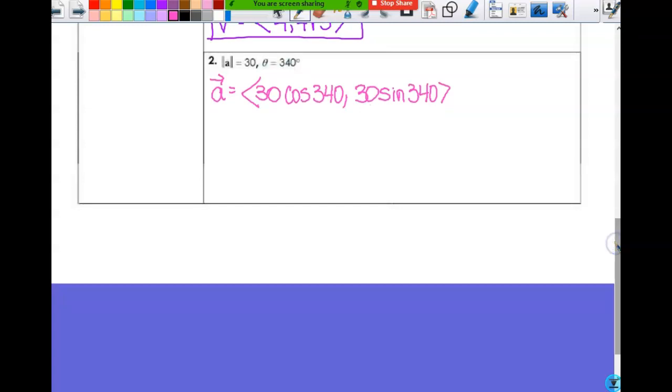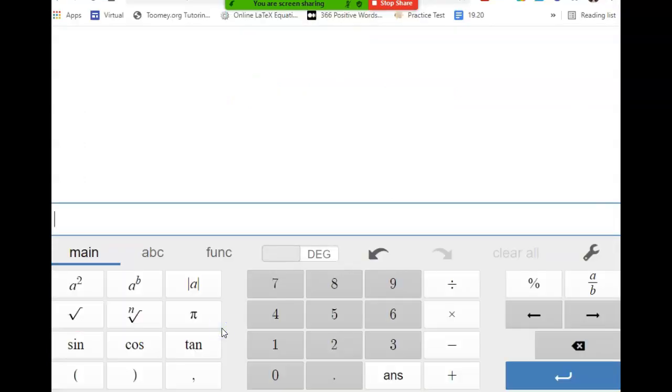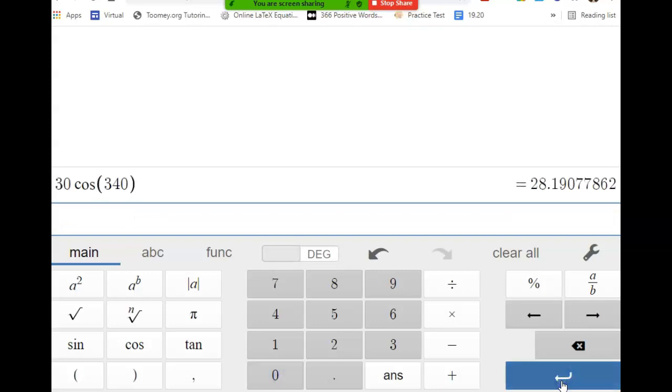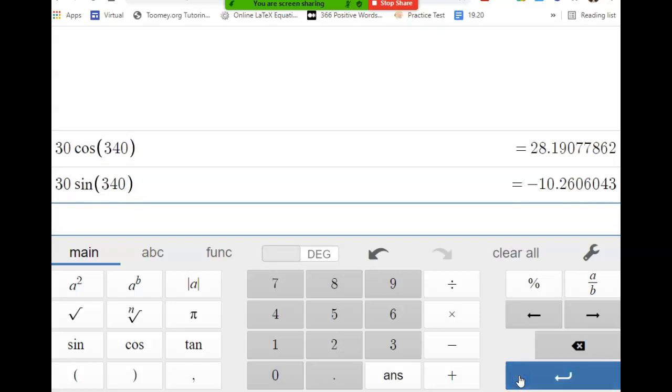Okay, so here's where I'm going to use my calculator. Make sure your calculator is in degree mode, whichever kind you're using. I'm going to do 30 times the cosine of 340. Since I'm using the kind of calculator where I can see each answer as I do it, I'm going to go ahead and type in both of them. So 30 times the sine of 340. So there are both of my answers there.